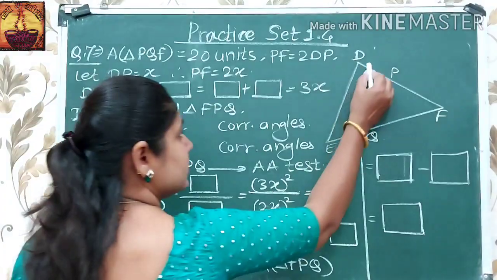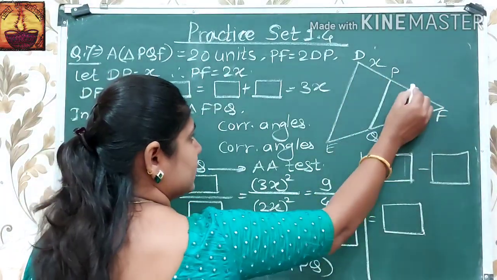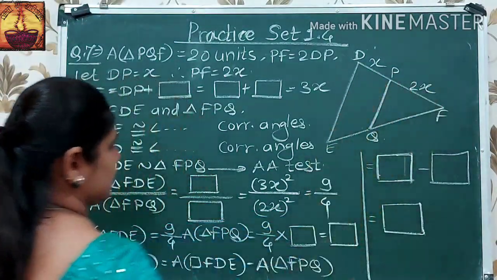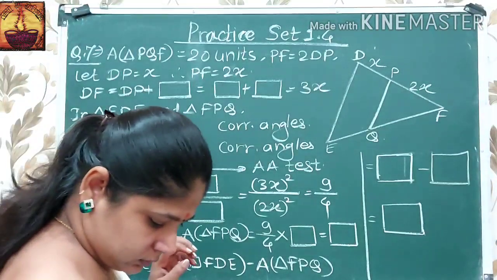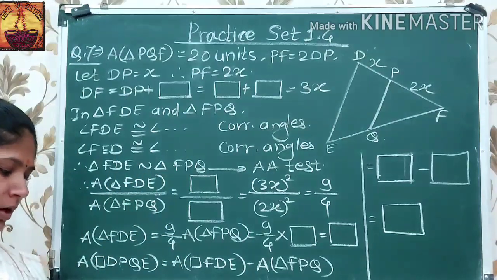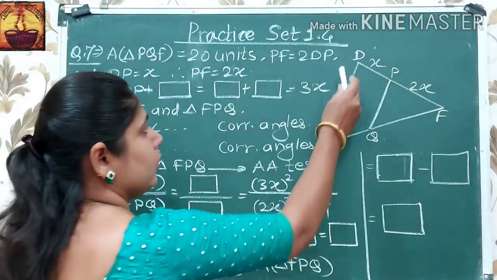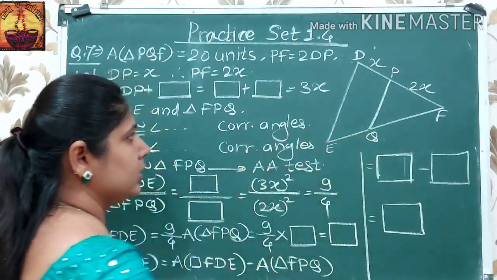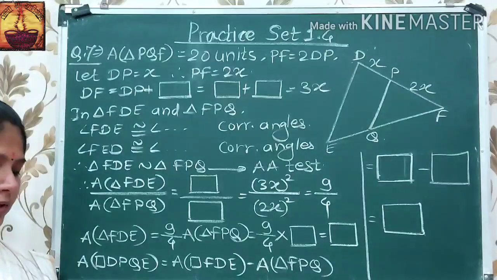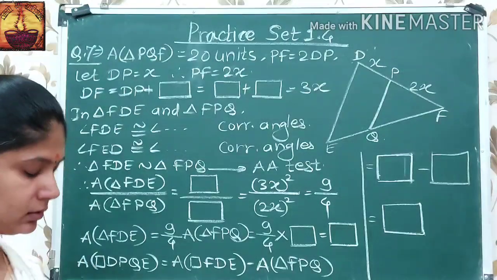Then find the area of quadrilateral DPQE by completing the following activity.